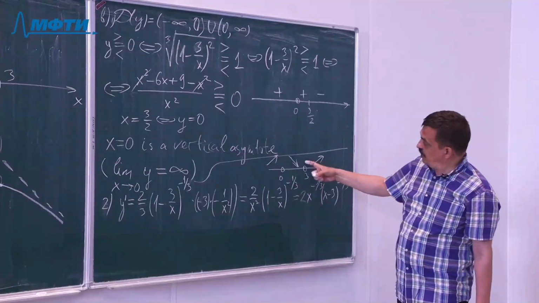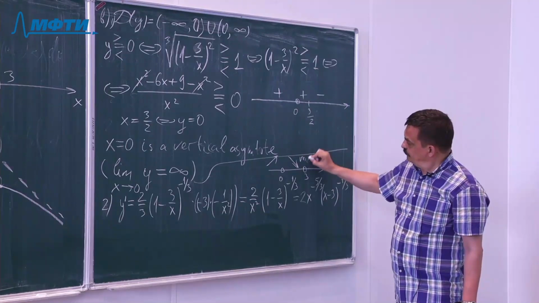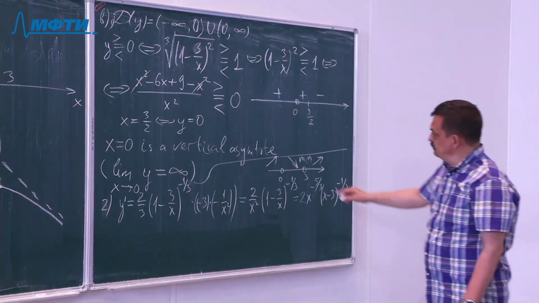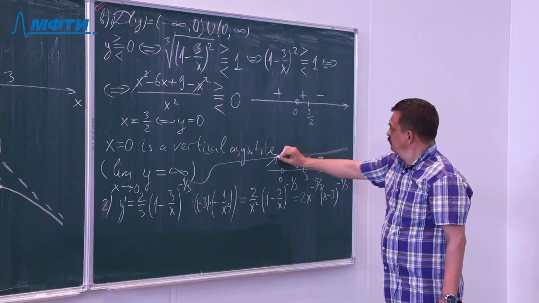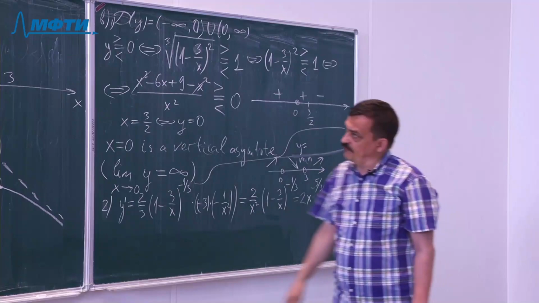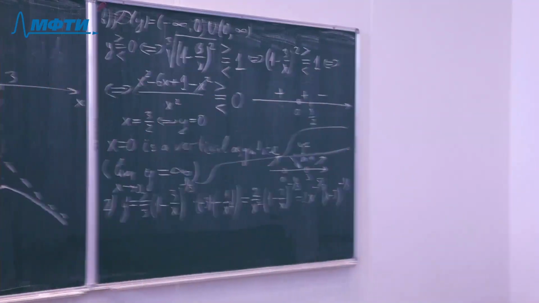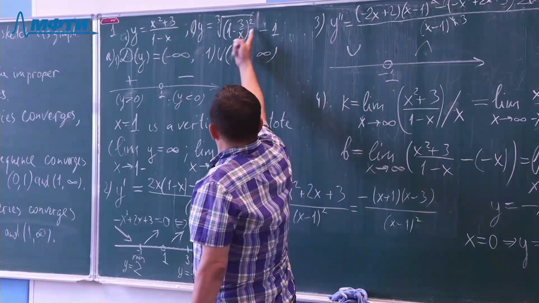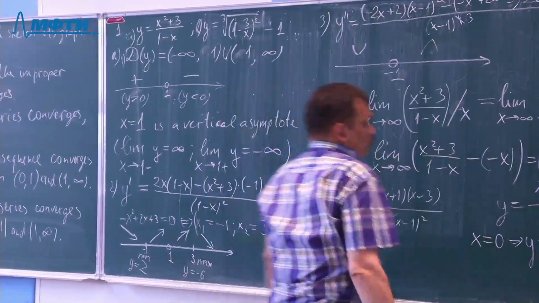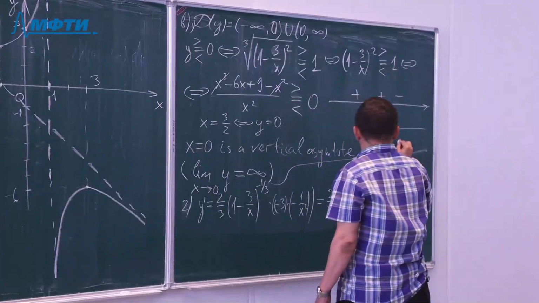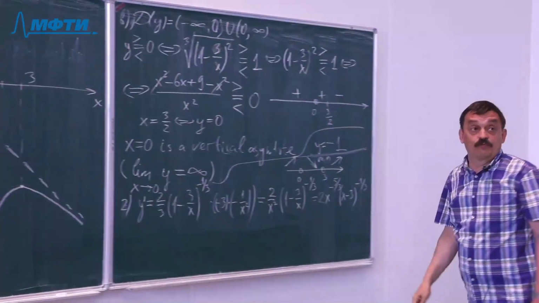Hence, here we have a minimum. And this minimum is equal to what? If x equals 3, let's substitute. It's just 0, so minus 1. That is the minimum point.